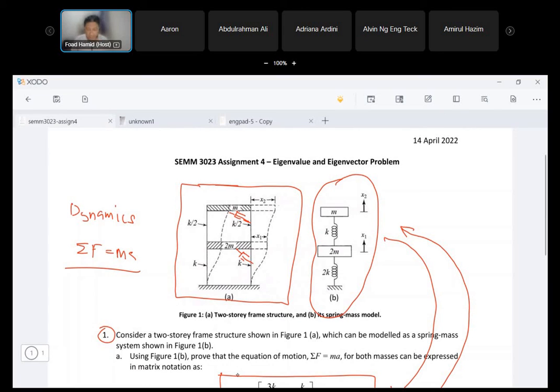I'm confused now. Which one is M1? Which one is mass 1? Which one is mass 2? Let's see if I have my solution here. Oh, okay. So this one is 1, this one is 2. So now I understand.